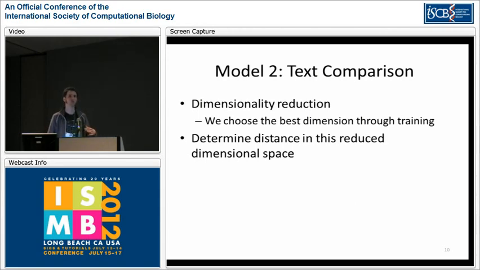When you reduce the number of dimensions you look at, you essentially throw out a bunch of the information which does not seem to capture the difference between documents very well. Once we reduce the number of dimensions, we can use this matrix to compare any two abstracts. So how do we determine how many dimensions to use? We actually perform training to figure that out.